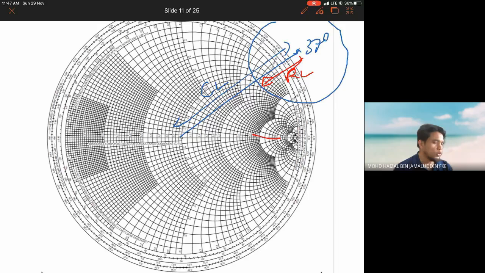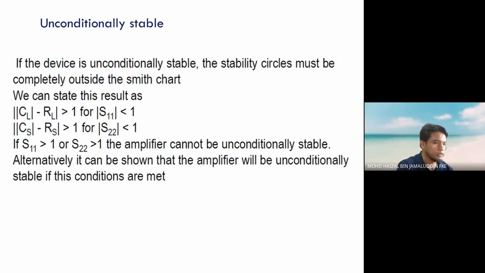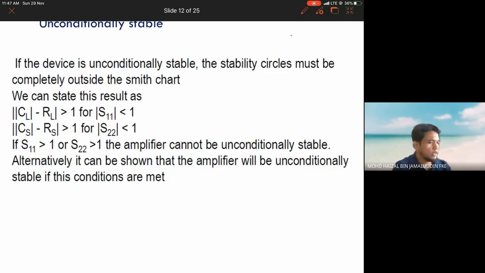We want to determine whether it is unconditionally stable or conditionally stable for the design of the amplifier. If the device is unconditionally stable, the stability circles must be completely outside of the Smith chart.